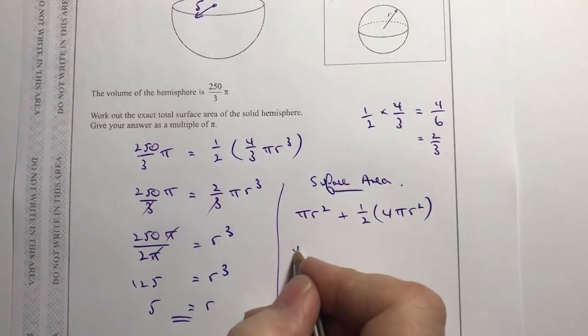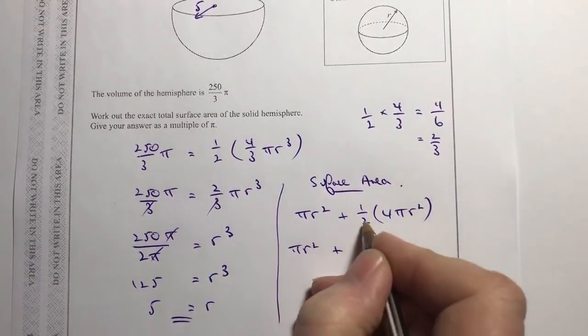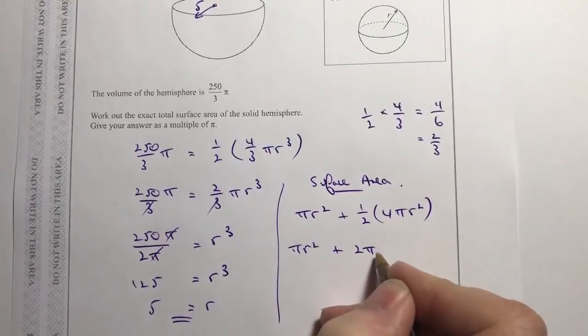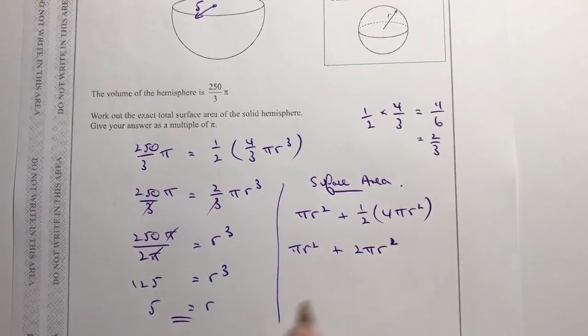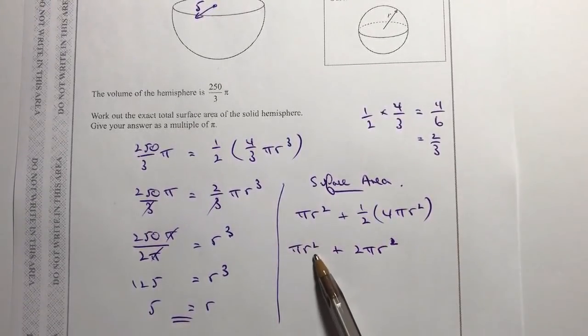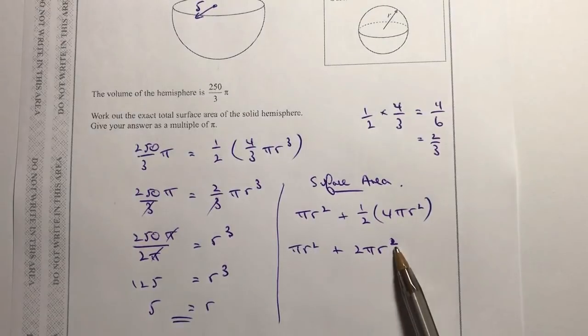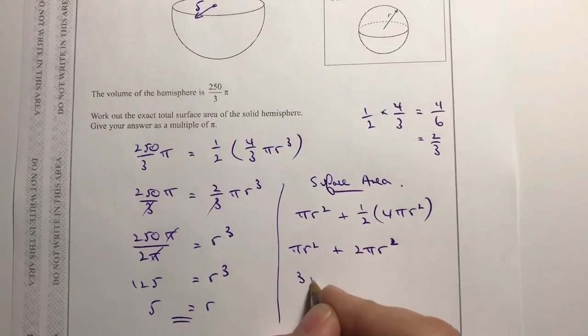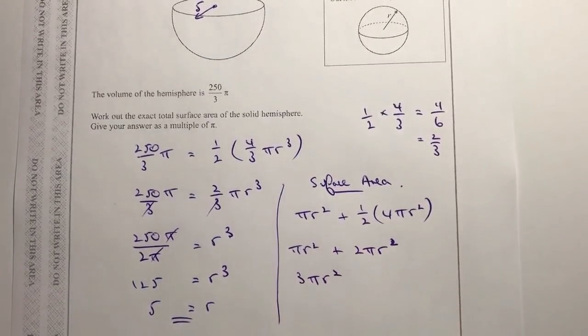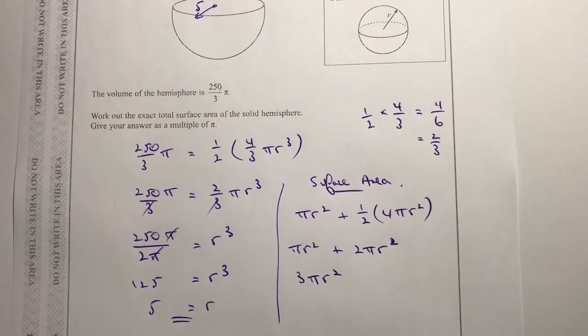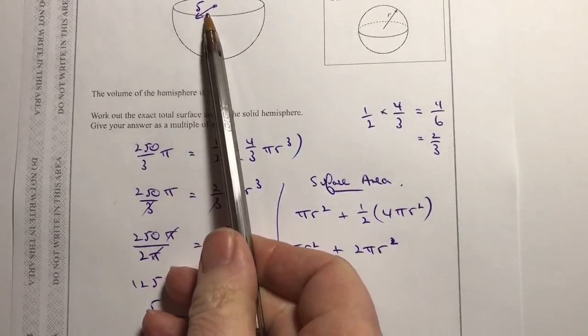So I've got pi r squared, plus a half of 4, which is 2, so that's 2 pi r squared as well. This is one lot of pi r squared, and this is 2 lots of pi r squared, so I can combine them together and I get 3 pi r squared. And then it's a case of putting in my value of the radius of 5, which is right at the top of the screen there.